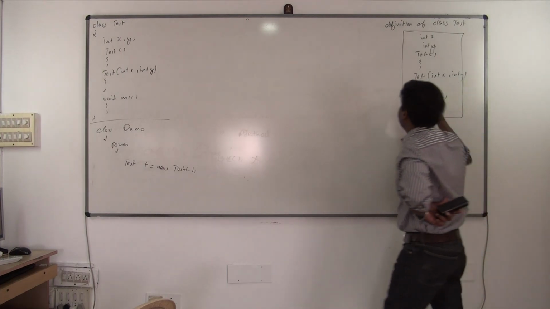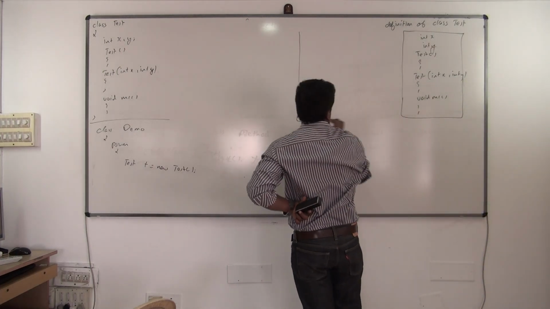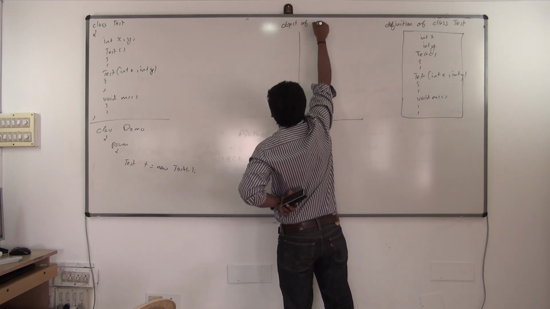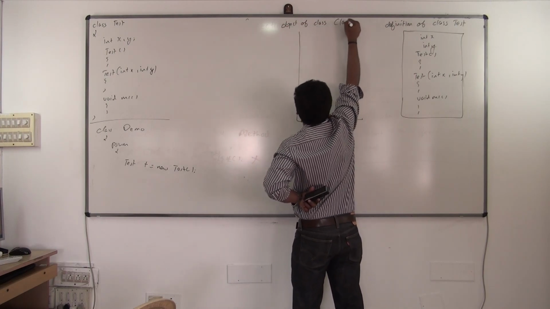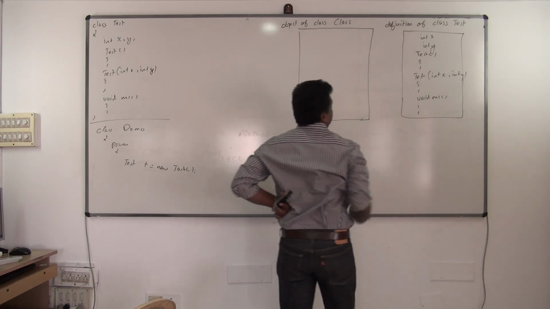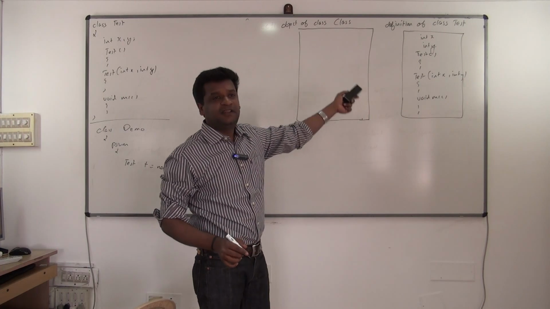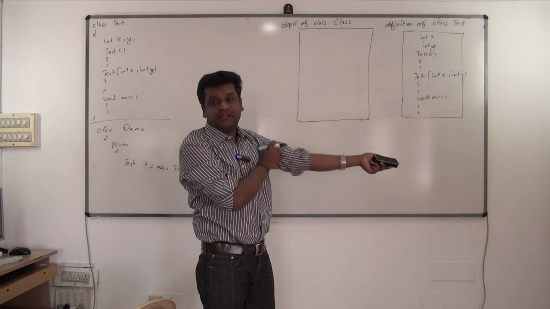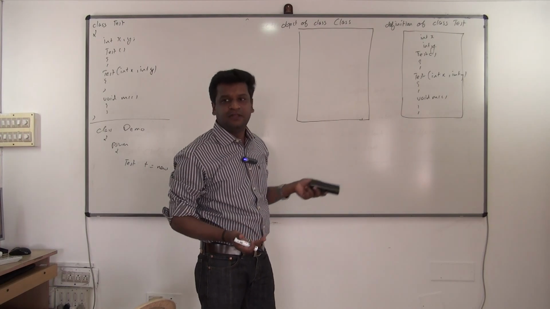As soon as this is loaded, immediately what happens now? Parallelly, an object of class gets created. See, a test object has still not been created. Understood? Before the object gets created, first the class has to get loaded into the JVM.